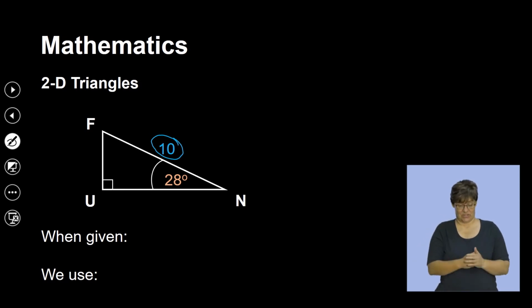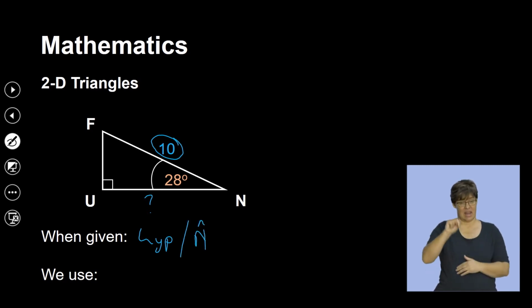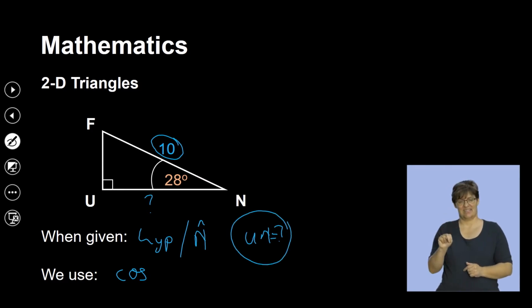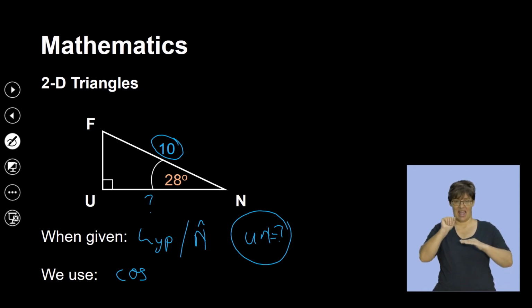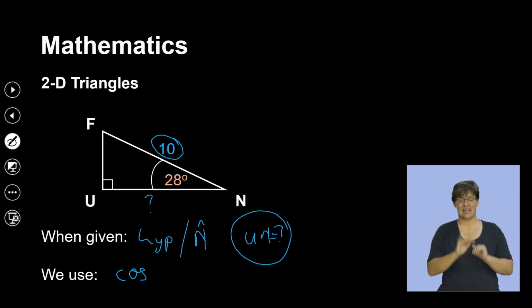If I want to find maybe the side UN, I am given the hyp, I am given angle N, and I'm trying to find UN. I will then need to use the cos ratio here. Why cos ratio? Because the UN will form the adjacent to the angle 28 degrees, and then 10 is normally the hypotenuse side.